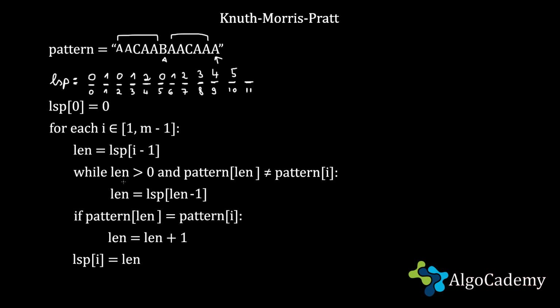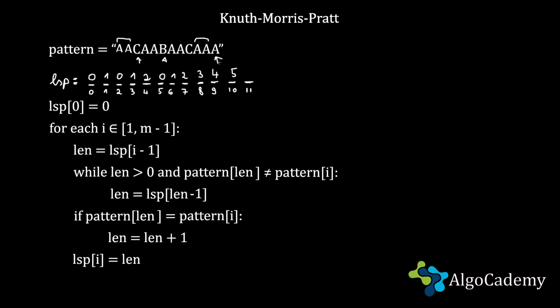It is. Okay. So len becomes LSP of len minus 1, LSP of 4, which is equal to 2. So what does this mean? It means that I still have this prefix of length 2, which is also equal to a suffix here of length 2. Cool. And I take a look. Len greater than 0? Yes. Pattern of 2, which is this C, is different than A?